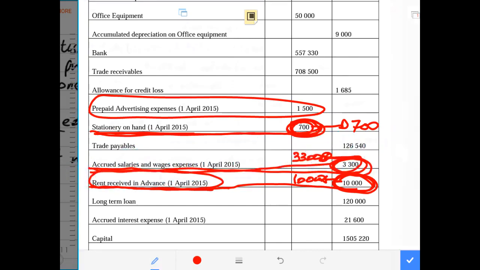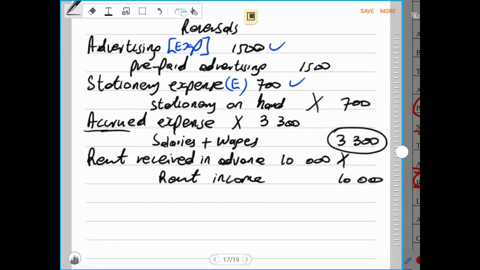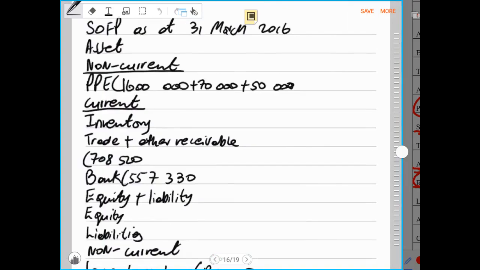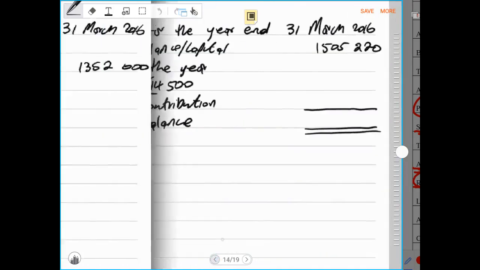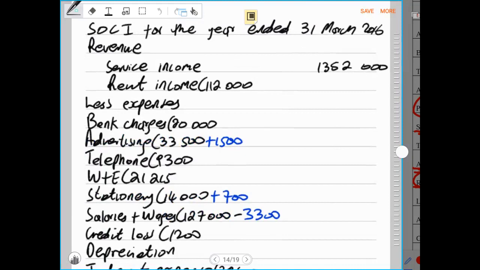That means the debit side will not be recorded, but we only record the rent income of 10,000 under the income statement, and that will be plus because incomes increase on the credit side. Then we say plus 10,000 rands under our rent income under incomes.